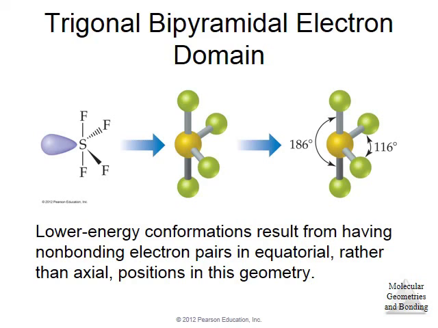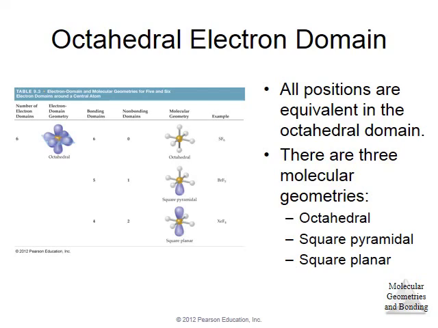And in case of octahedral electron domain, this is octahedral. Octahedral means, let me draw a bigger picture of it so that you understand it. Here you would have a base like this, and you have a central atom here. 1, 2, 3, 4, 5, 6.